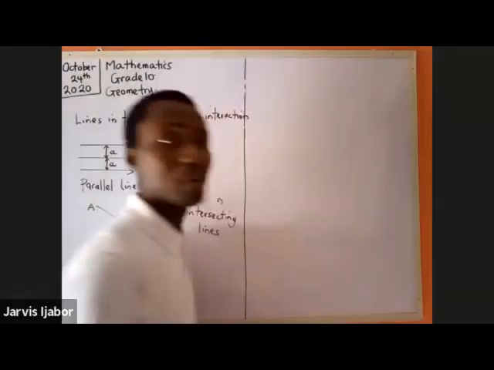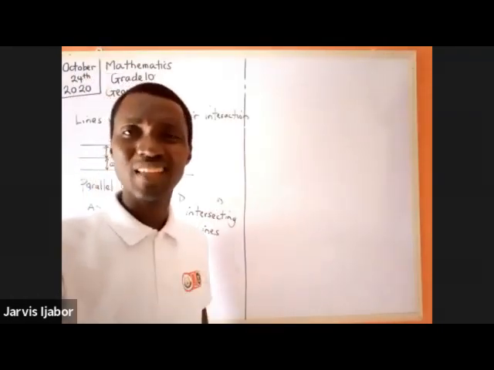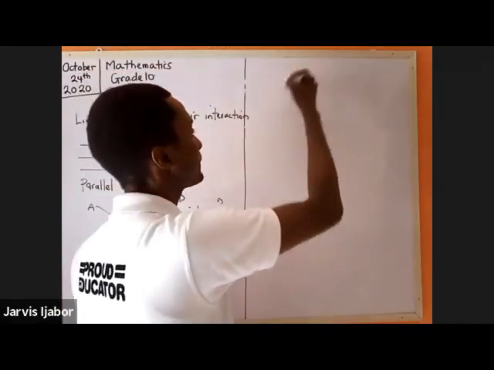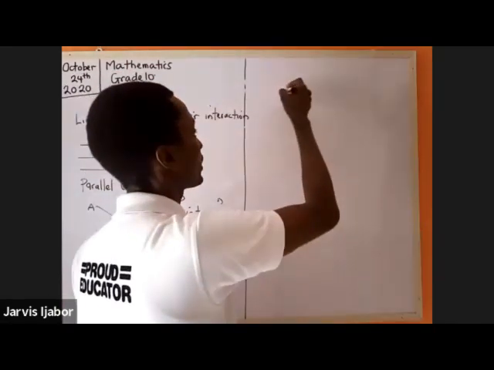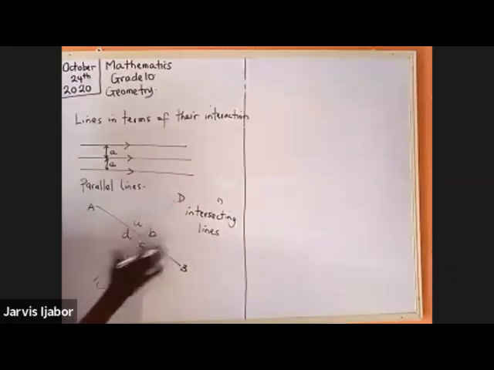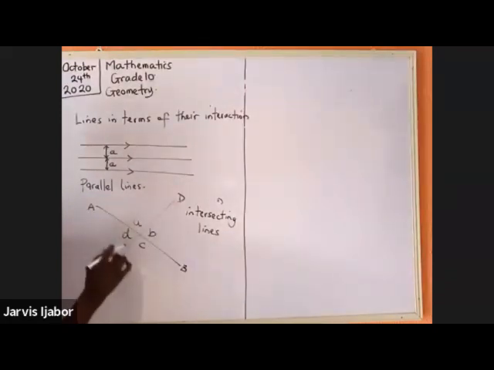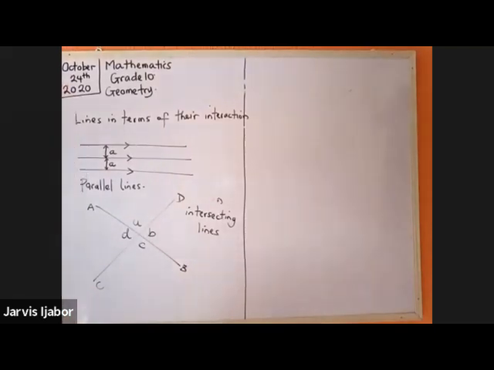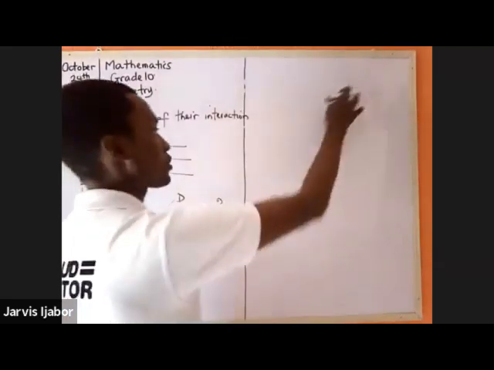It's important you remember this concept because it's going to help you understanding a lot of things we'll be doing in geometry. Now look at this. If lines intersect, what is formed will be, each of these are what? Angles. Now there was something very important I forgot to talk about when I was talking about line.